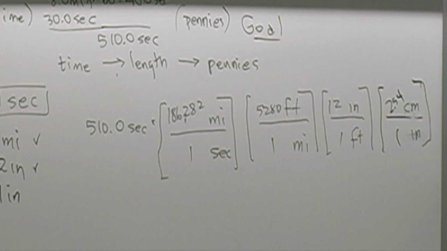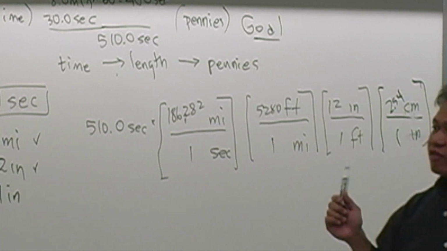And then finally, for every 2.0 centimeters, I have 1 penny. So if I carry this through, you should be able to calculate how many pennies will stretch between the sun and back based on the speed of light. Seems like a hard problem in the beginning, but you can see how easy this was set up just based on dimensional analysis. That's why I can't emphasize dimensional analysis enough, because it really does solve a lot of problems.